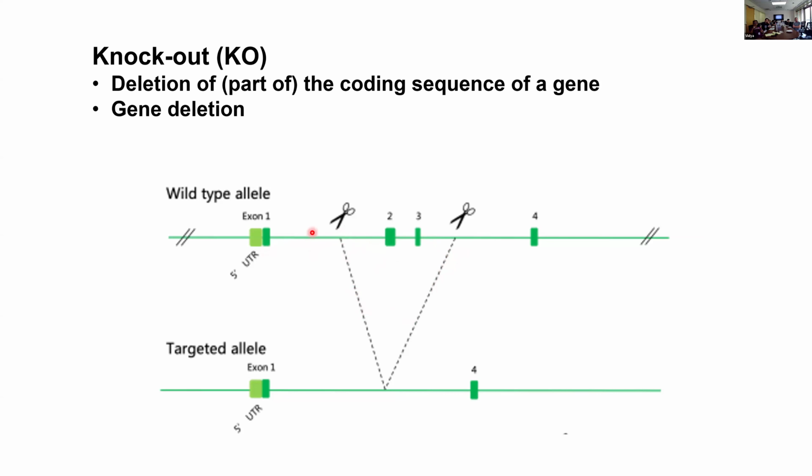For example, here you have a gene with multiple exons, which is more common in the mammalian genome. If you delete one exon or a couple of critical exons, then you generate a knockout, because the protein is either not made or is a peptide so truncated that there's no function.